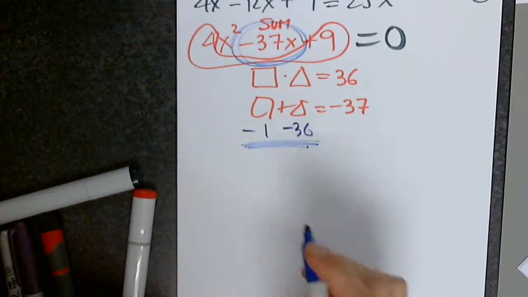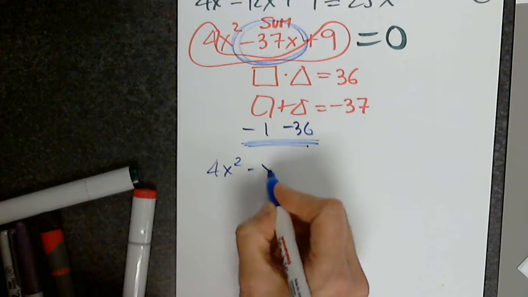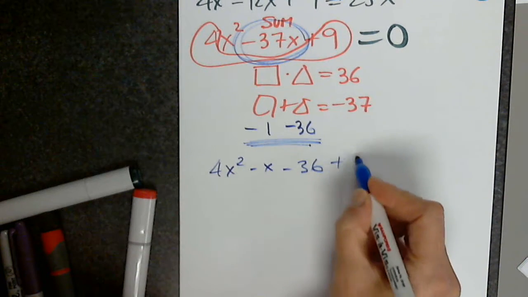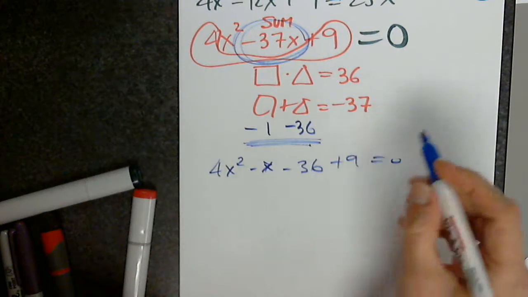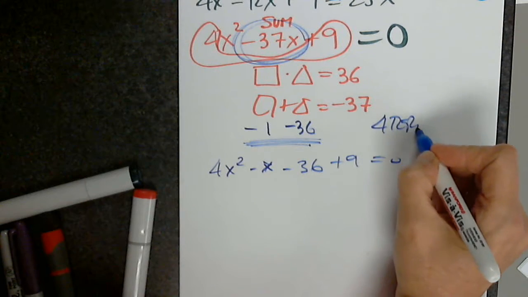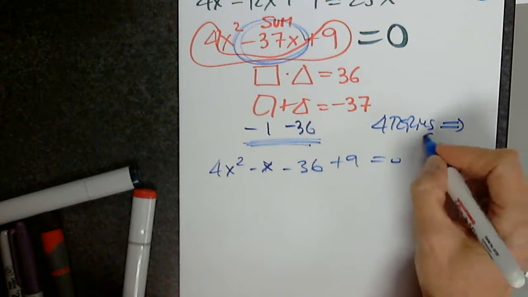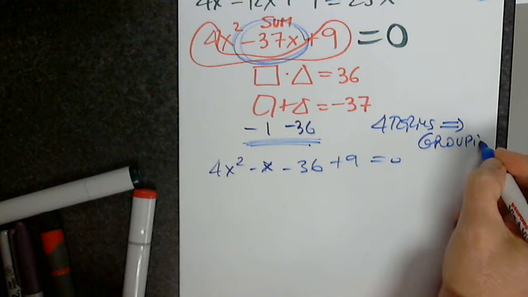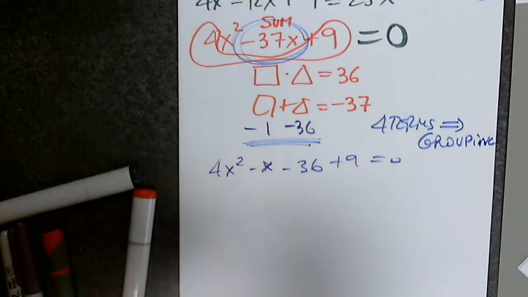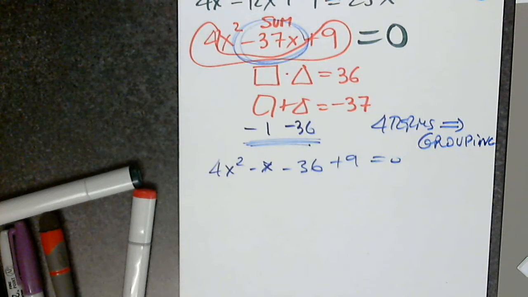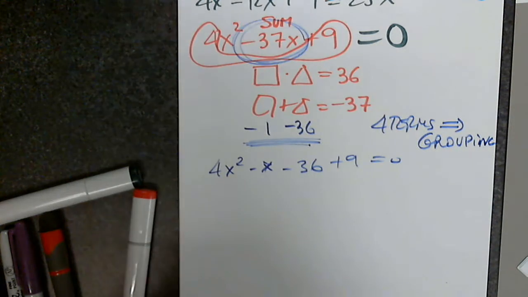So then I go back and I have 4x squared minus x minus 36 plus 9 equals 0. 4 terms, I always think of grouping. So if you want to look at the quick summary at the very end.